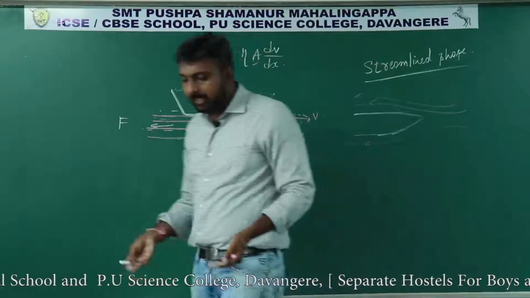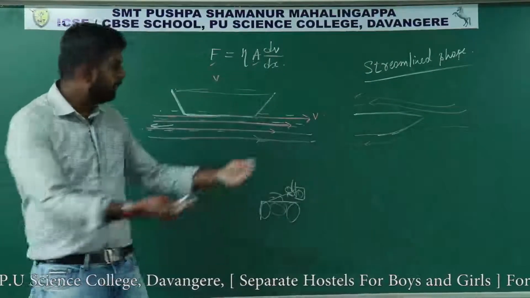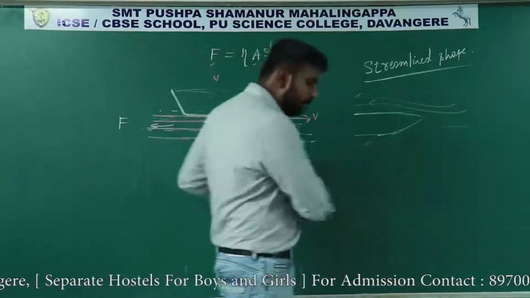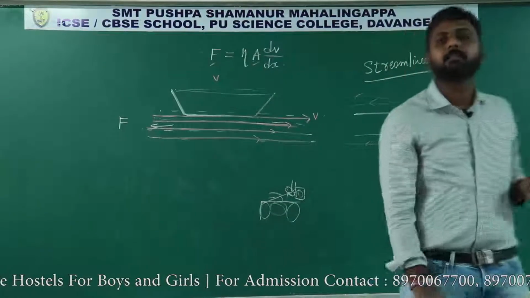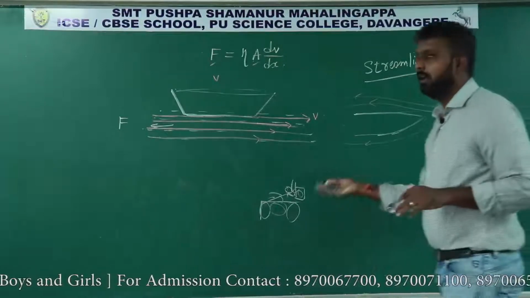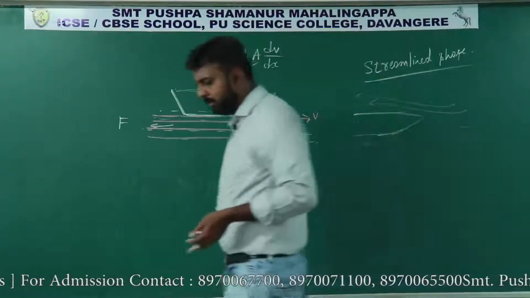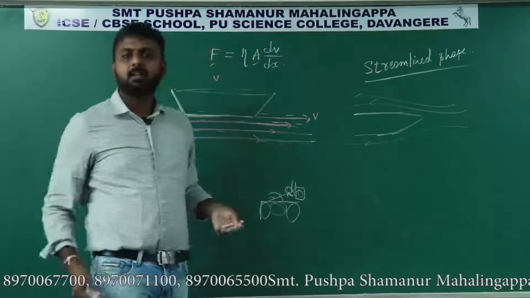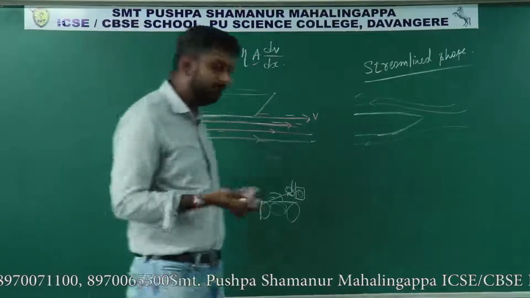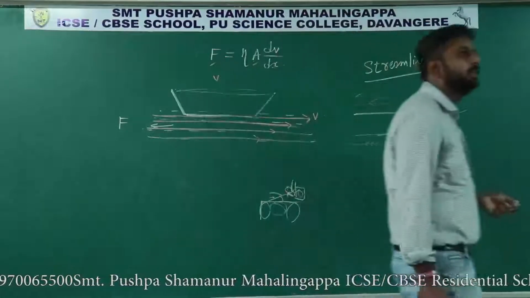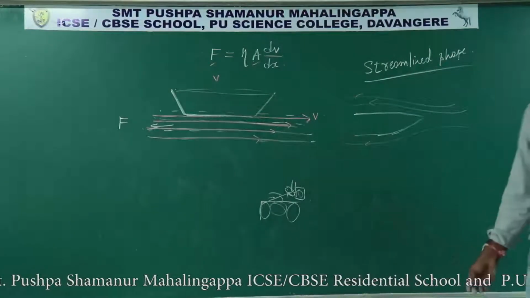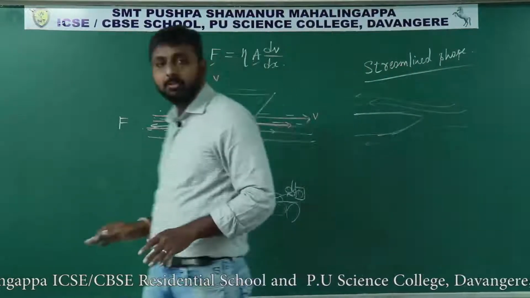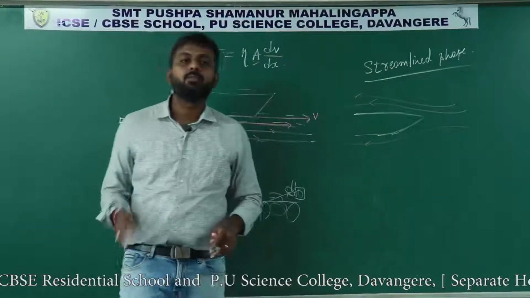By minimizing the area, the drag force decreases. If the drag force, the pulling force, decreases, then the bike can move with very high speed. And the viscous force depends upon the velocity also. If you move with more velocity, definitely the drag force will increase, isn't it? So like this, by using streamlined shaped bodies, we can reduce the viscous force.